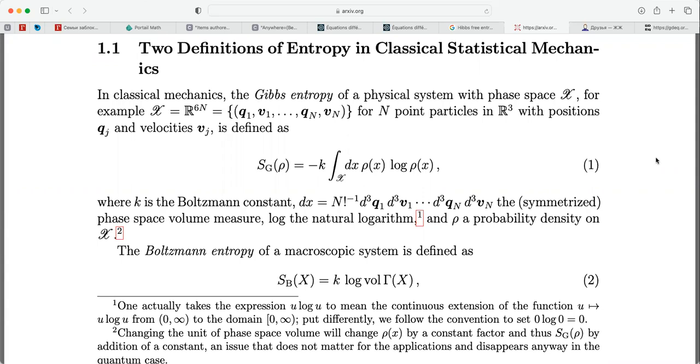So the problem is that for the discrete case, if you take this formula and write it for continuous distributions, you will get nonsense. All the integrals will just not converge, and there is no sense.